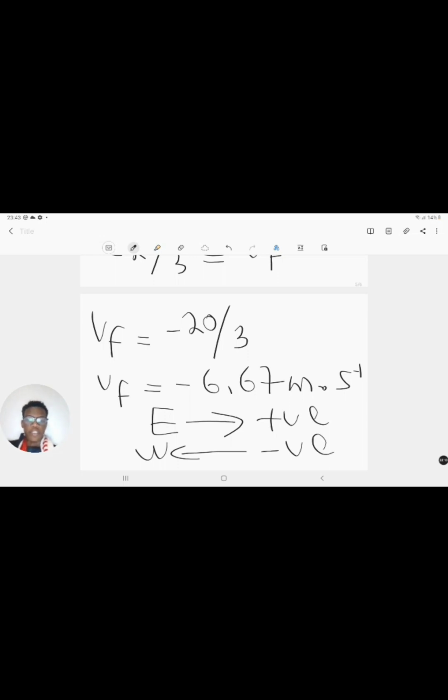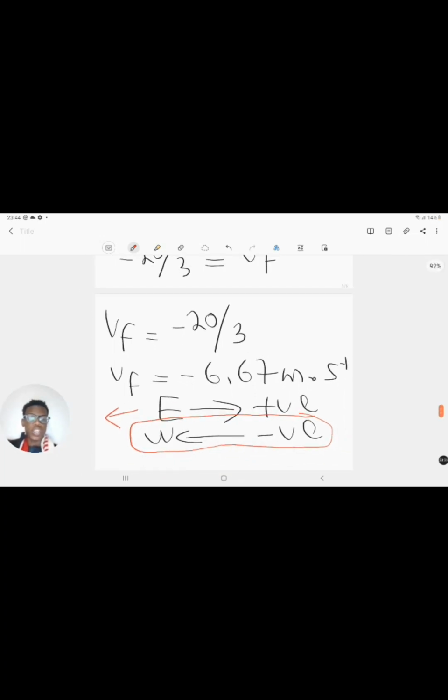So if my answer has a negative sign on it, it means that the car truck system is moving towards the negative side, which is the west side. So the truck car system is actually moving towards the left at this speed.